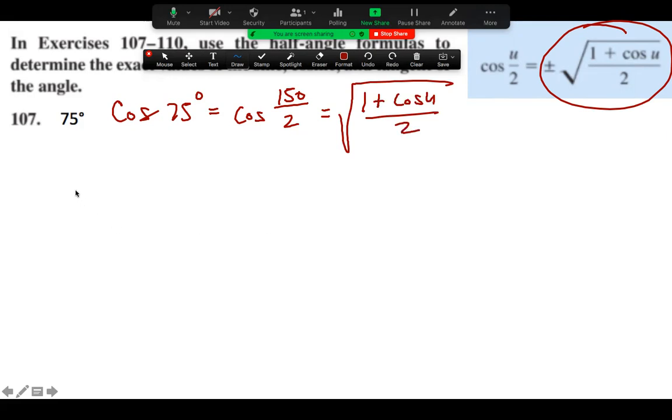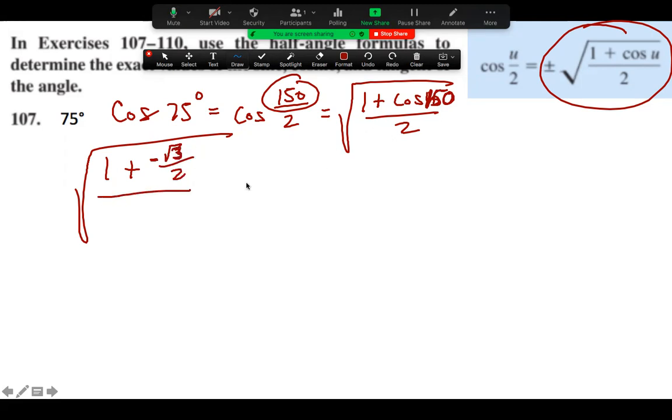So now we have the square root of 1 plus, again, the cosine or the x-coordinate at 150. I should have put 150 there. Okay, it's getting late. The cosine of 150, or the x-coordinate at 150, is negative root 3 over 2. And then divide by 2 is part of the formula.